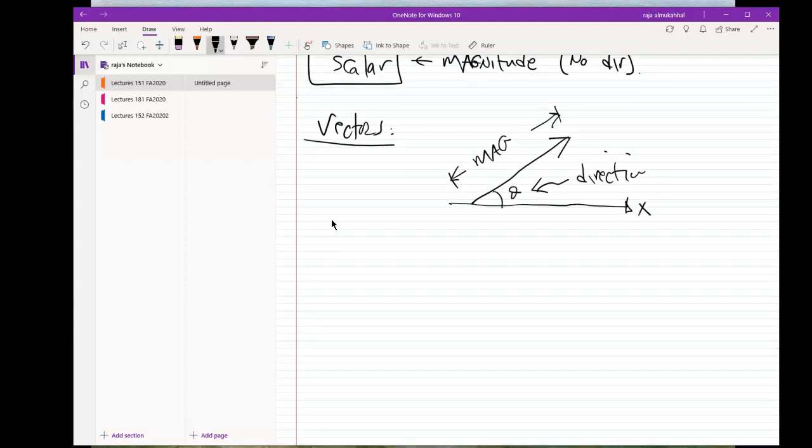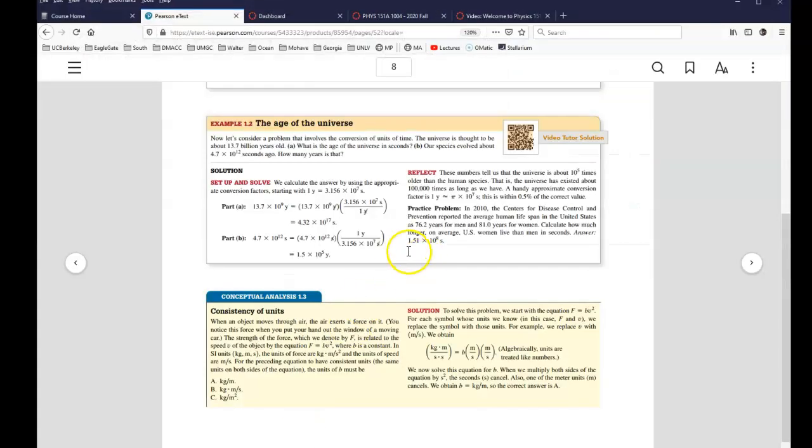And so I'll give an example. Let's say I have a vector. I'm going to call it F. And we symbolize the vector with an arrow on top of the letter. Okay? In your book, you'll find it in bold. Some books, they don't have it in bold. Let me look at the book, page 12.